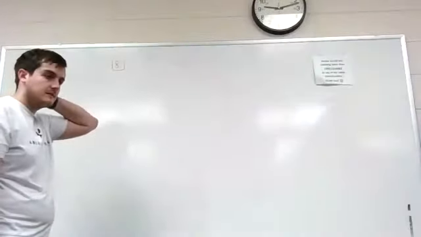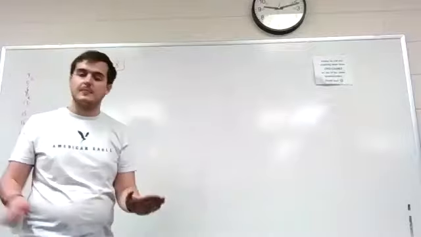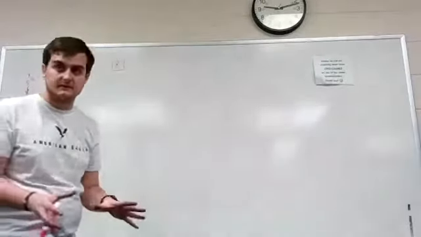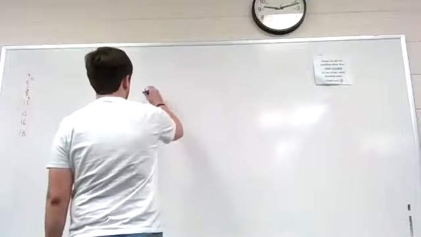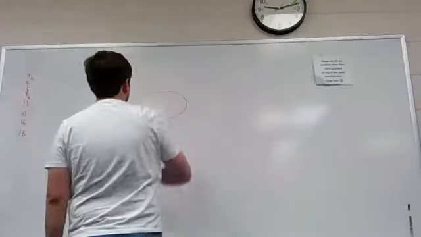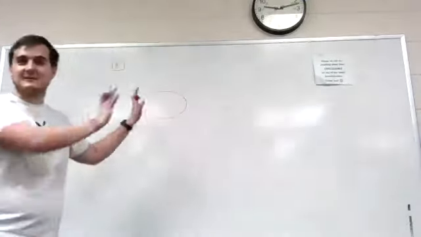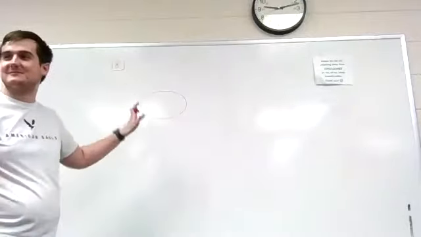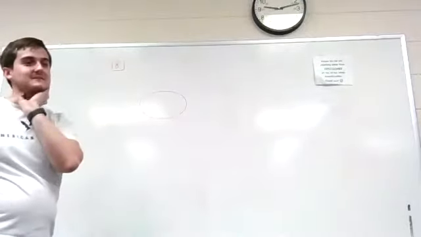So let's talk about what it says, right? We have a circular base. Okay, so I'll draw a base. It's 3D. I'm drawing this in 3D, not just drawing a circle.